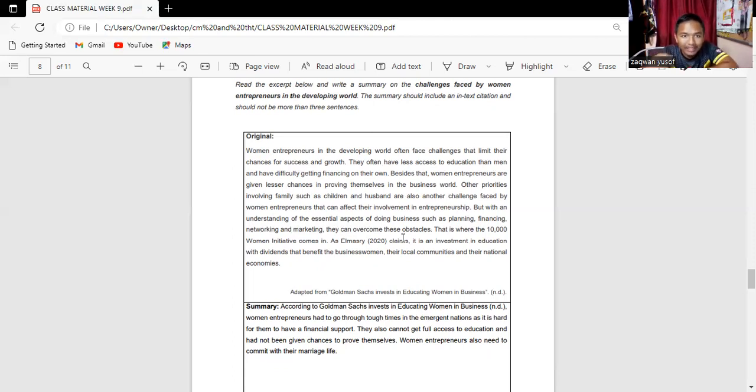But with an understanding of the essential aspects of doing business, such as planning, financing, networking, and marketing, they can overcome those obstacles. That is where the 10,000 Women initiative comes in.